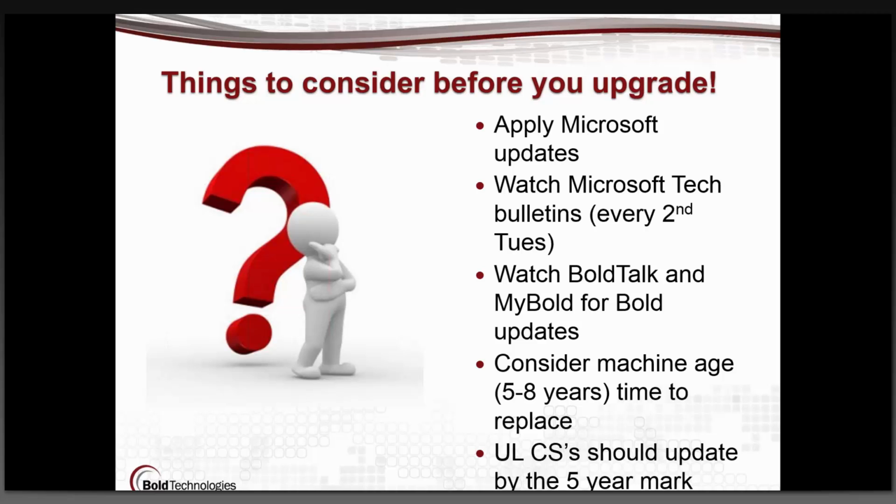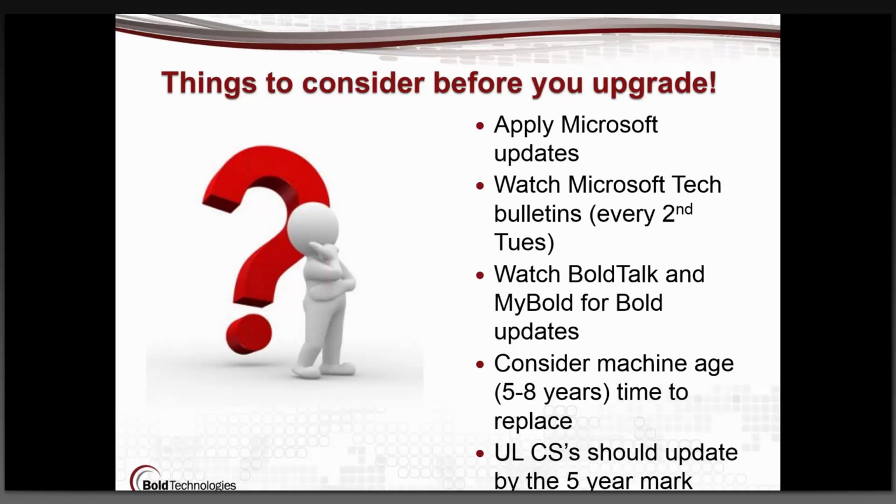Another thing to consider before you upgrade is the machine age, the hardware age that you have, and if it's time to replace the hardware or not. Typically, our support department informs us that when you get to about 5 to 8 years, it's about time to consider replacing those machines.